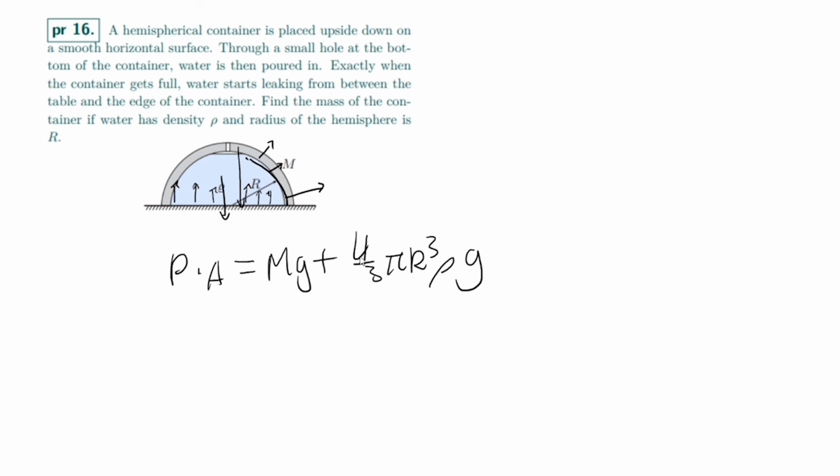So from there we're really almost done, and we need to plug in pressure, and then we can solve for mass. So pressure in this case is given by the hydrostatic equation, which gives us pressure is equal to rho gr, and the area is pi r squared, so rho gr times pi r squared minus 4/3 pi r cubed rho g is equal to mg, and sorry, this is not 4/3 because obviously that gives negative mass.